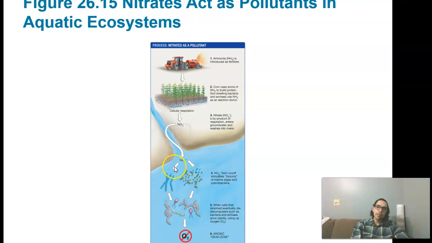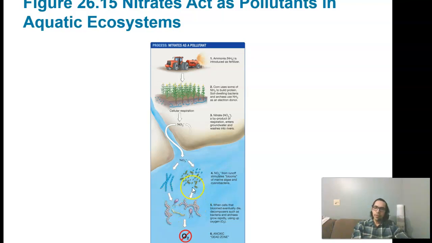When they get into the ocean, the nitrates stimulate blooms of marine algae and also cyanobacteria. When those bloom, they grow, but then when they eventually die, you get decomposers that come in and grow rapidly, and they are the ones that cause the dead zones, because when they grow rapidly, they use up a lot of oxygen.